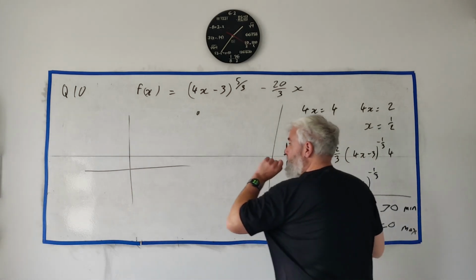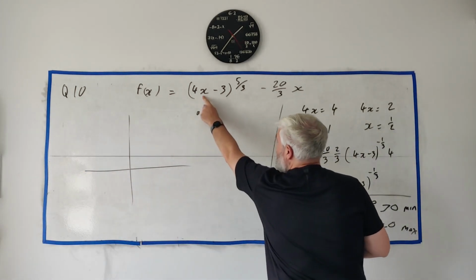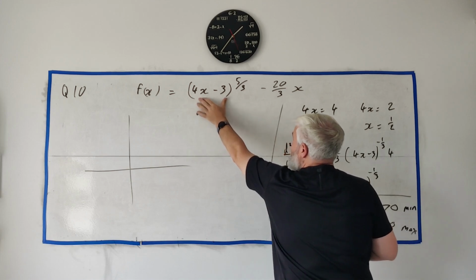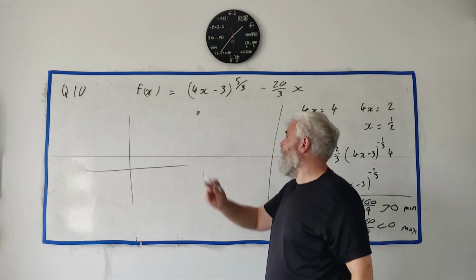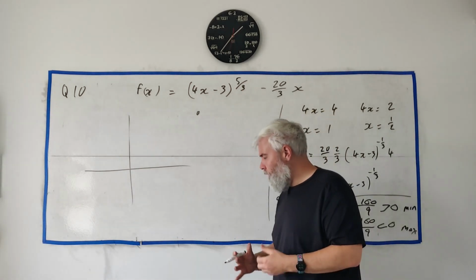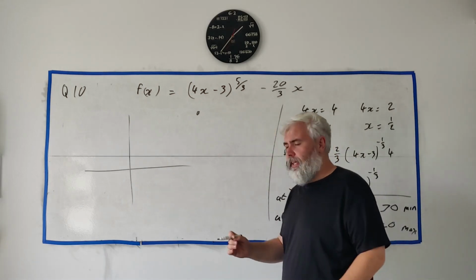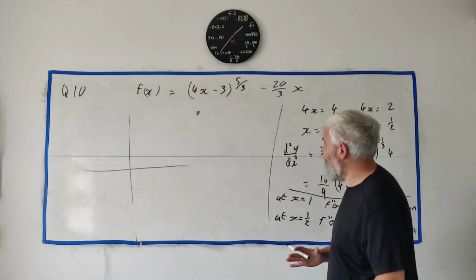Same with minus. When x gets really small, like minus 1 billion, this is going to end up being to the power of 5 over 3, which, neither of these are even, so, the top one more importantly is an odd, so we're not going to end up with two minuses making a plus or anything like that.